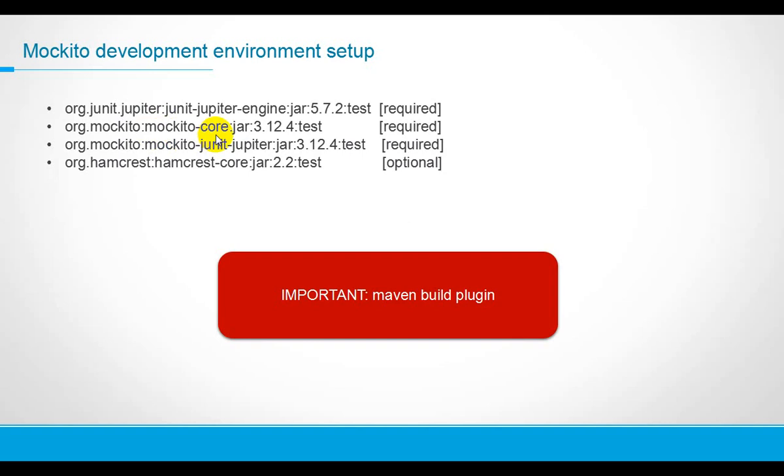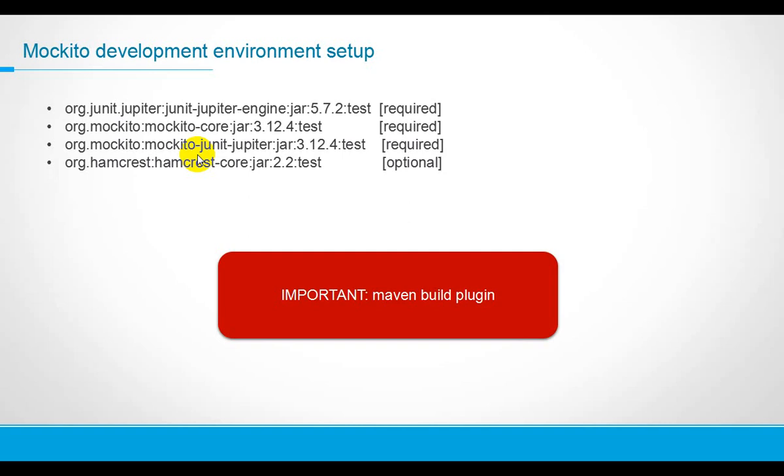This is required too. We will use 3.12.4. And the third is the Mockito JUnit Jupiter. This library provides the extension for Mockito to support JUnit 5 Jupiter APIs to execute the unit test.